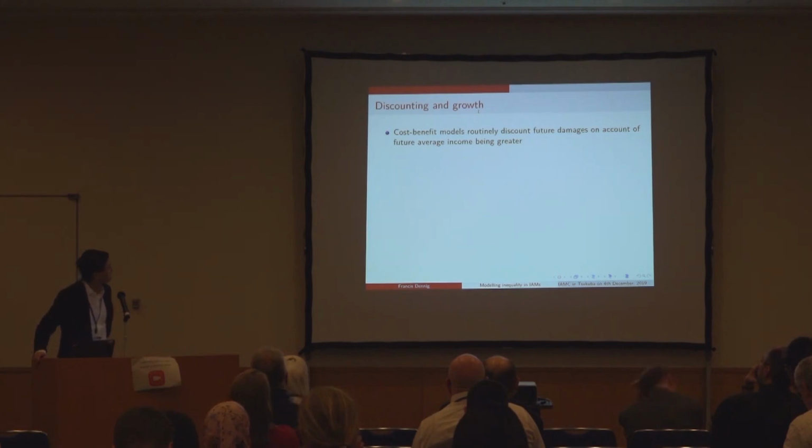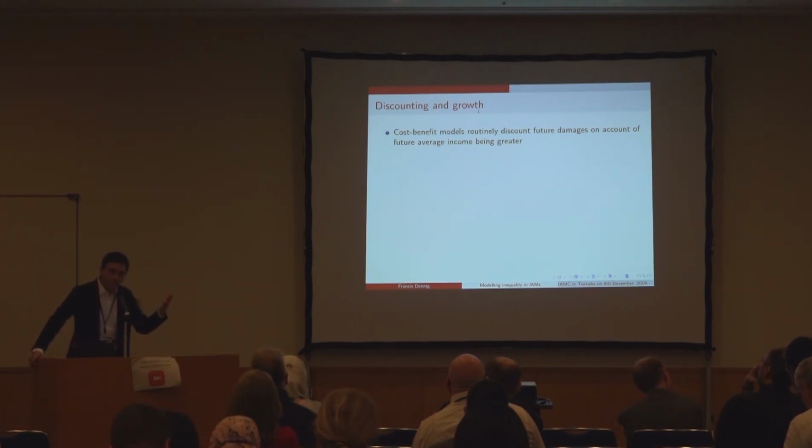Okay, so let's look at a particular implementation of this in a cost-benefit model that I've worked on. Just to review, in cost-benefit models we routinely discount future damages on account of the future average income being higher. We know that in a century, the average income of the world, bar some very unlikely outcomes, is going to be greater than today.